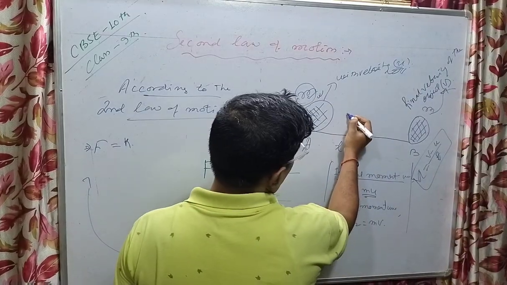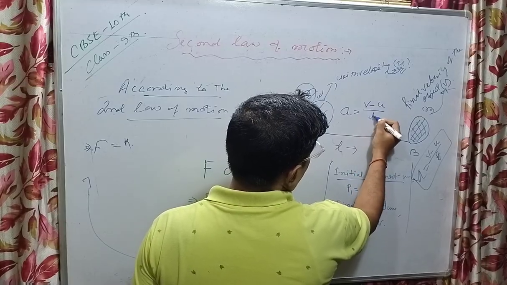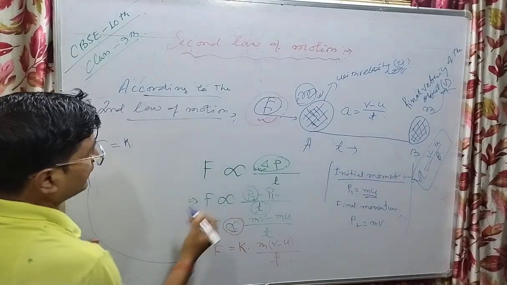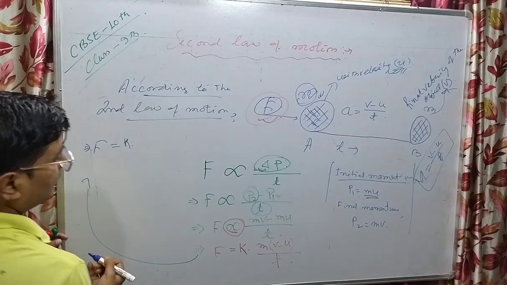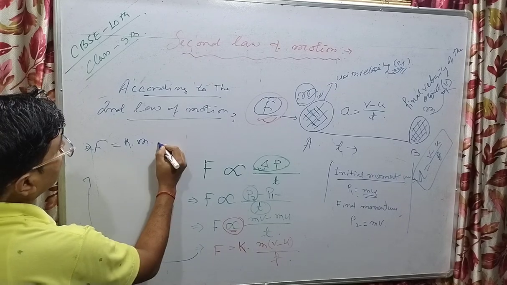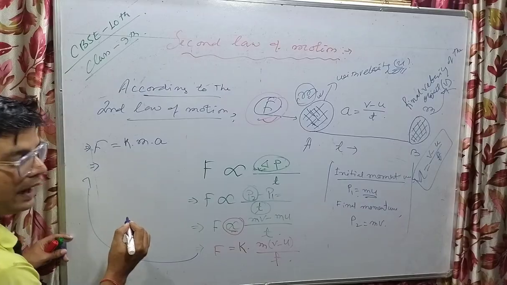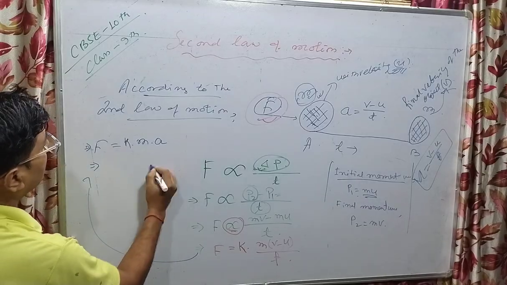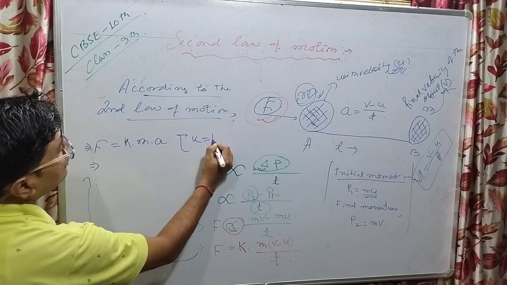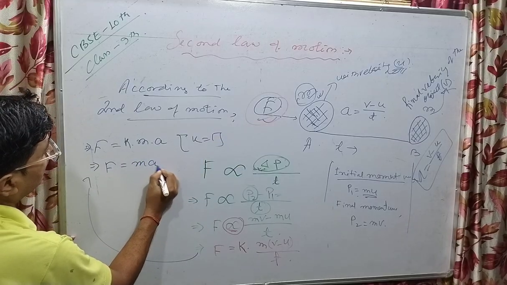So m into v minus u by t is ma, and F is equal to k into ma. Suppose k is equal to 1, then F is equal to ma.